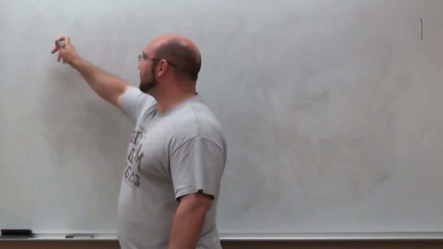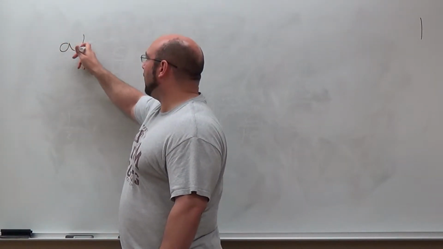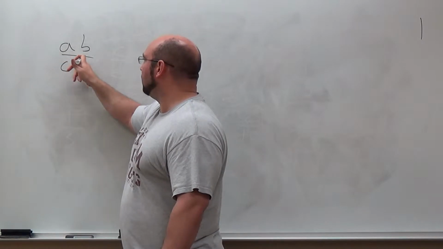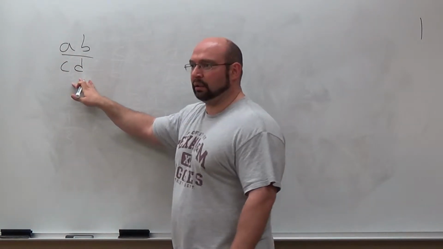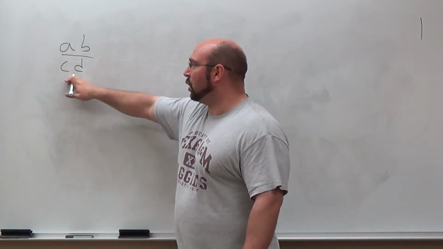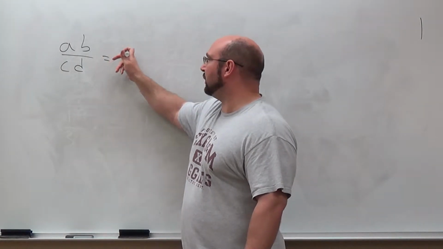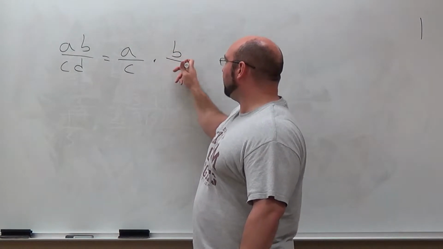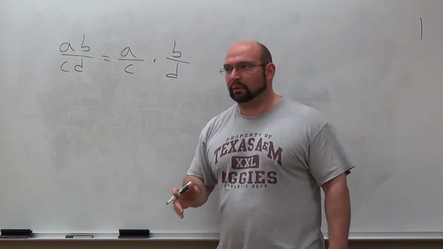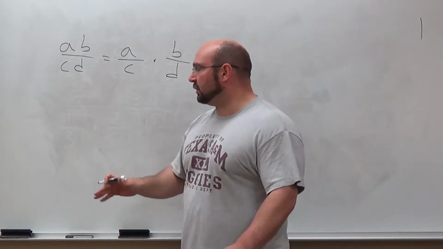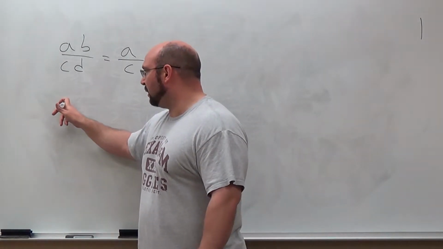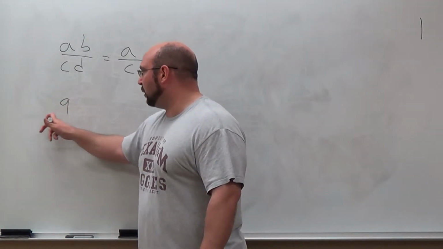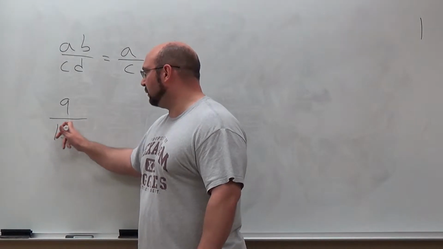All right, now, with the same concept of AB over CD, A times B over C times D is really A over C times B over D, right? Okay, so now let's think about this. 9 over 15.